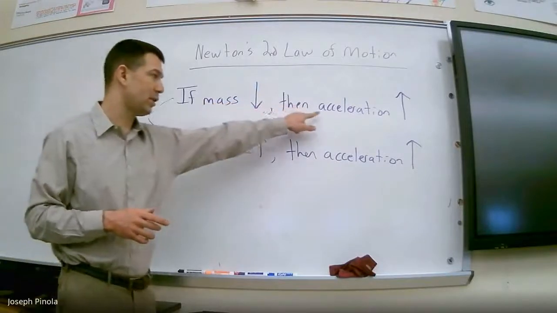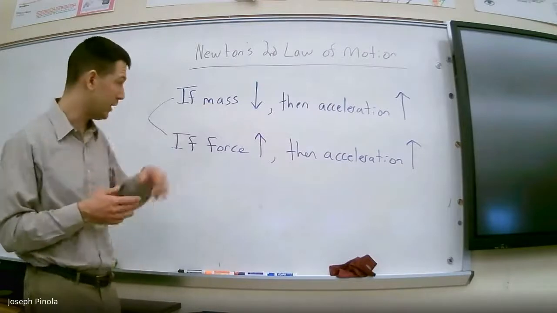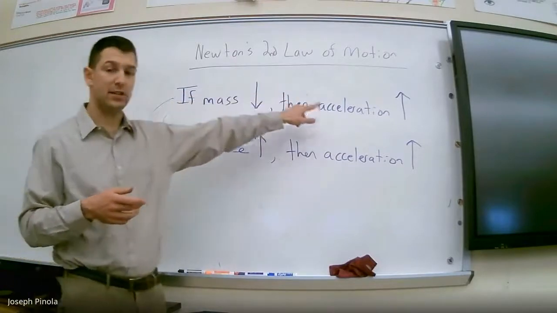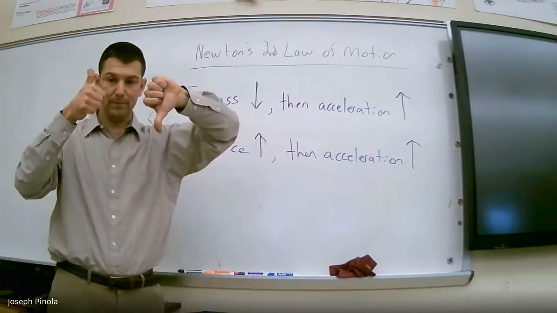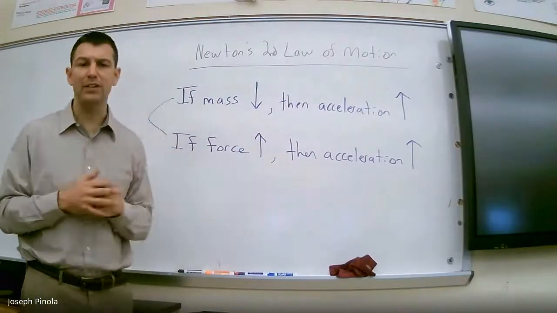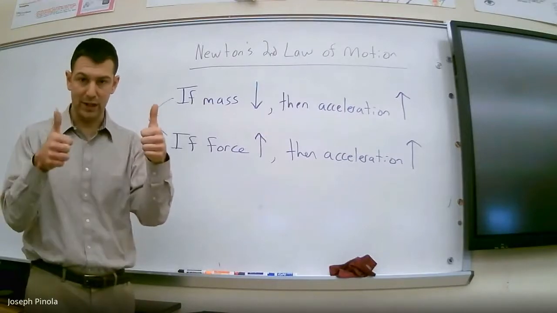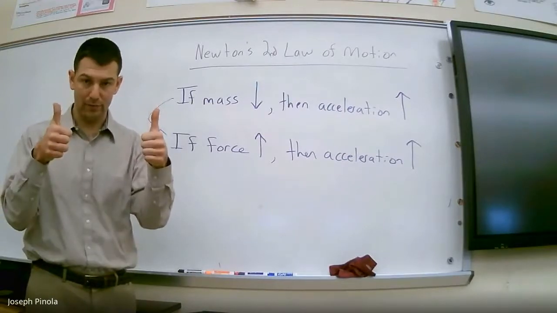Mass and acceleration would have an inverse relationship, as demonstrated by the mass going down and the acceleration going up. Force and acceleration would have a direct relationship, because as the force goes up, the acceleration goes up as well.